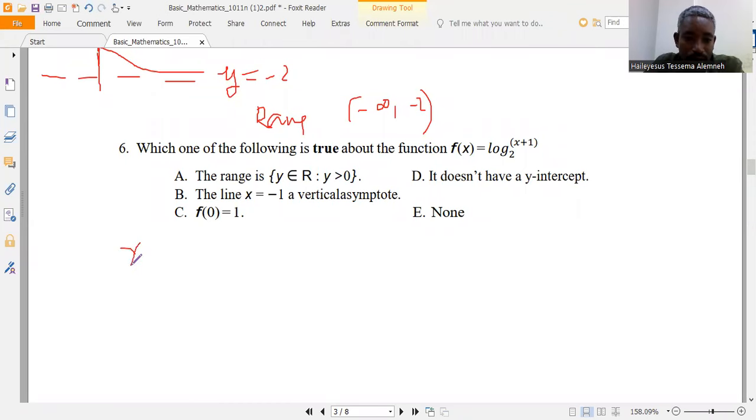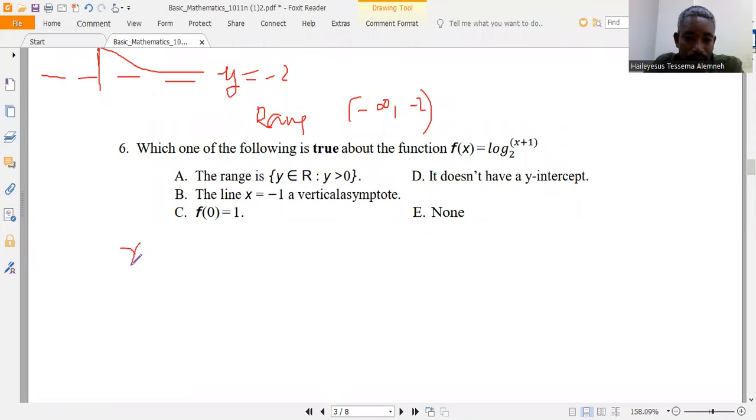So y, which is equal to log of x plus 1 in base 2, we can write just like this: y in base 2 is equal to x plus 1.